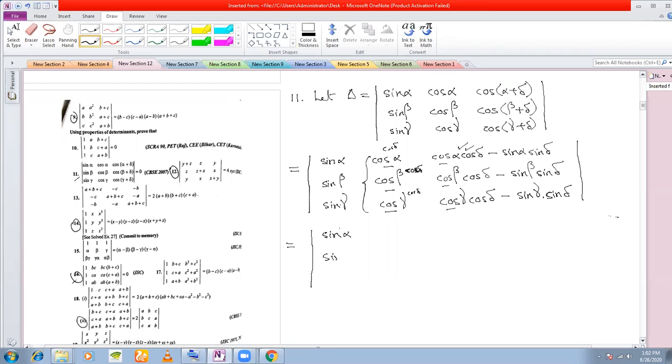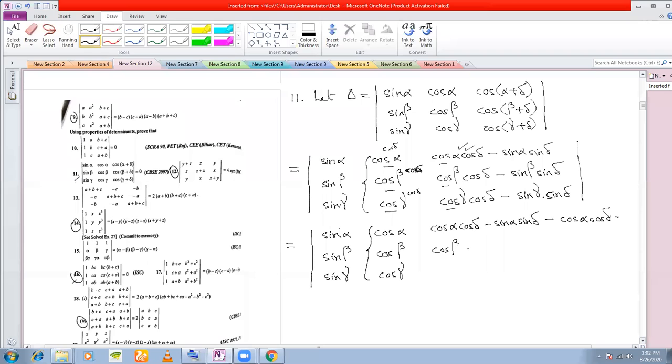First column we write as it is. Second column we write as it is. Third one we write as it is. Now since cos delta is missing, what we'll do here is we'll multiply the second column by cos delta, and we are going to subtract from the third column. So cos alpha cos delta minus sin alpha sin delta, minus cos alpha cos delta.